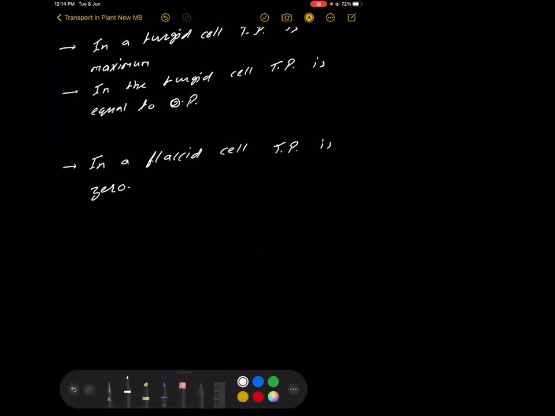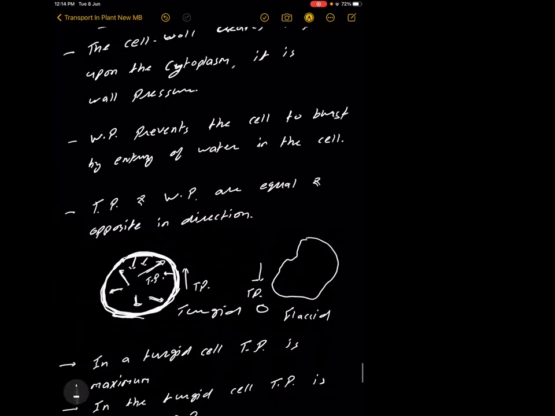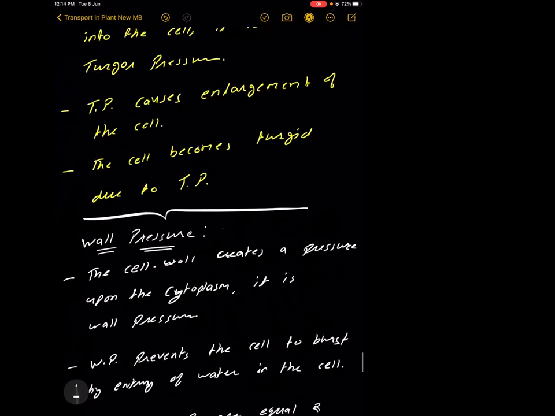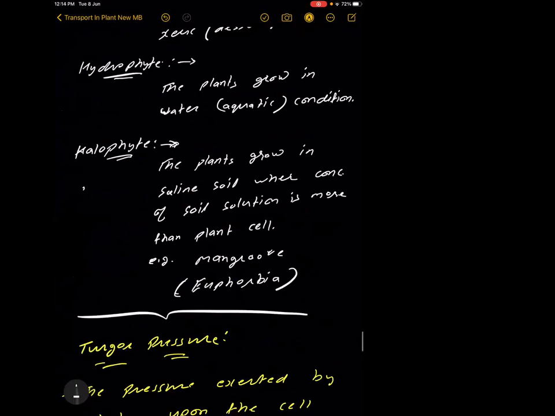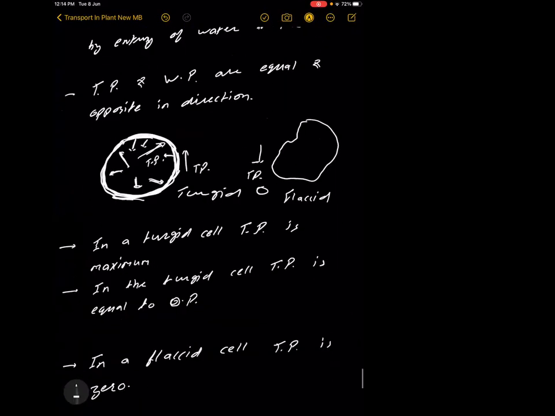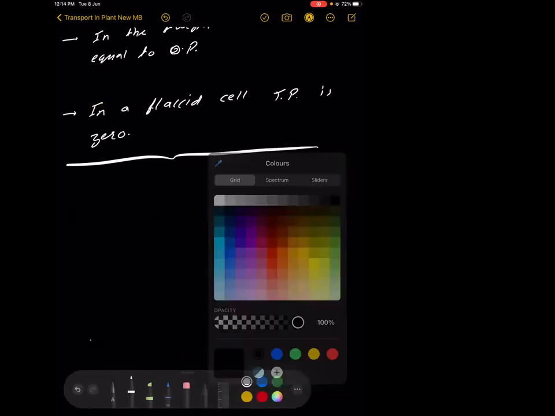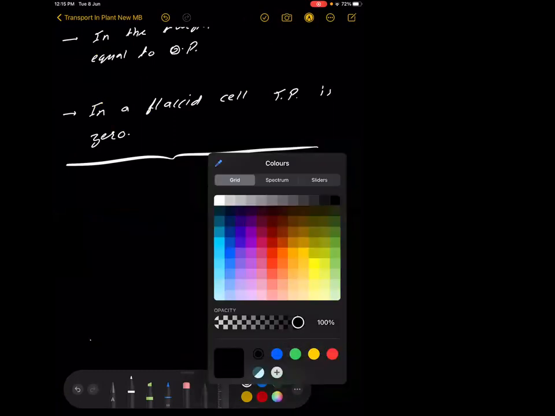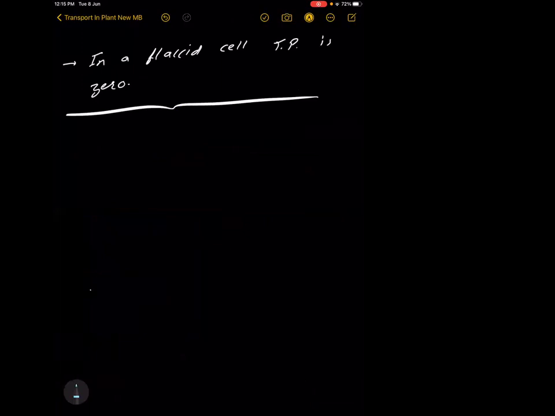The next point is diffusion pressure deficit. Okay, this is osmosis, turgor pressure, wall pressure, and the next term is diffusion pressure deficit.